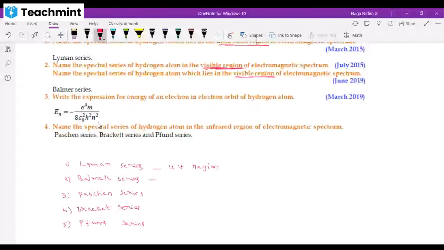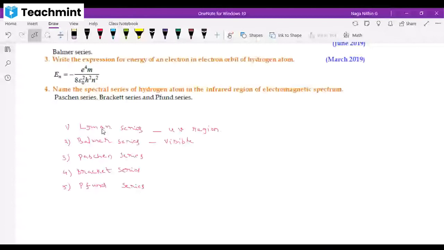And see here, here UV region. This will be visible region. This will be near infrared. This will be middle infrared.